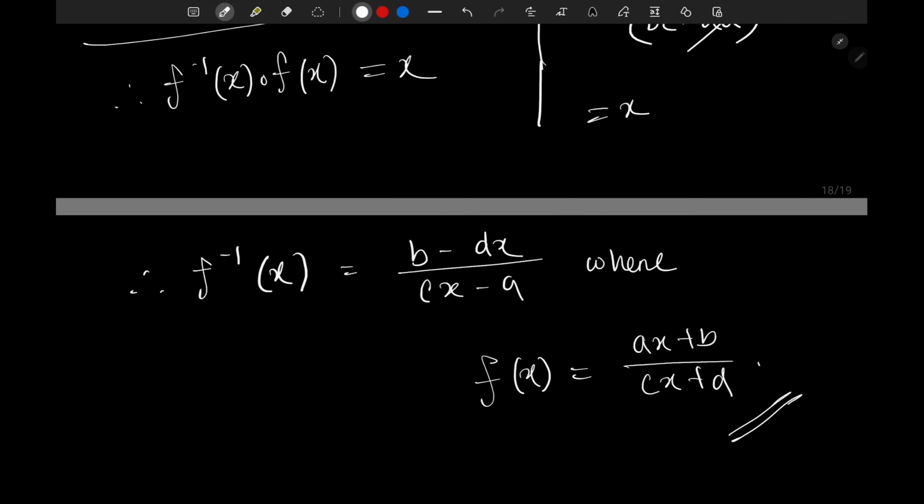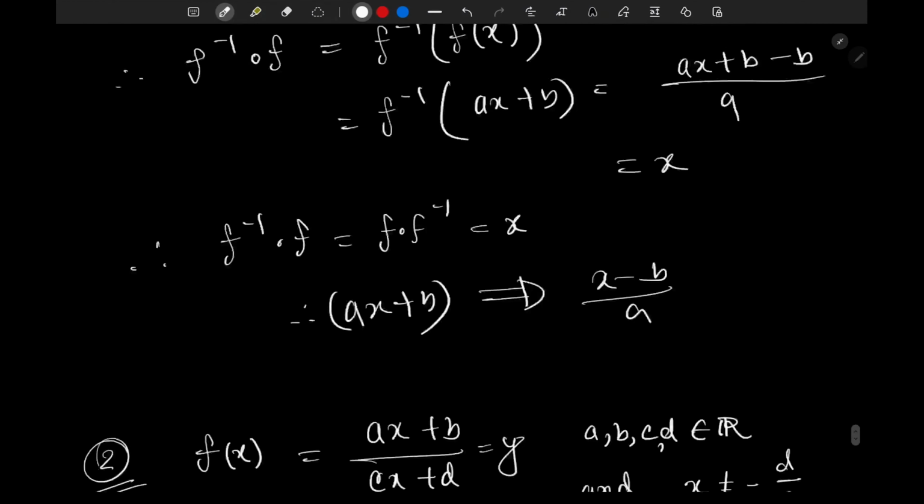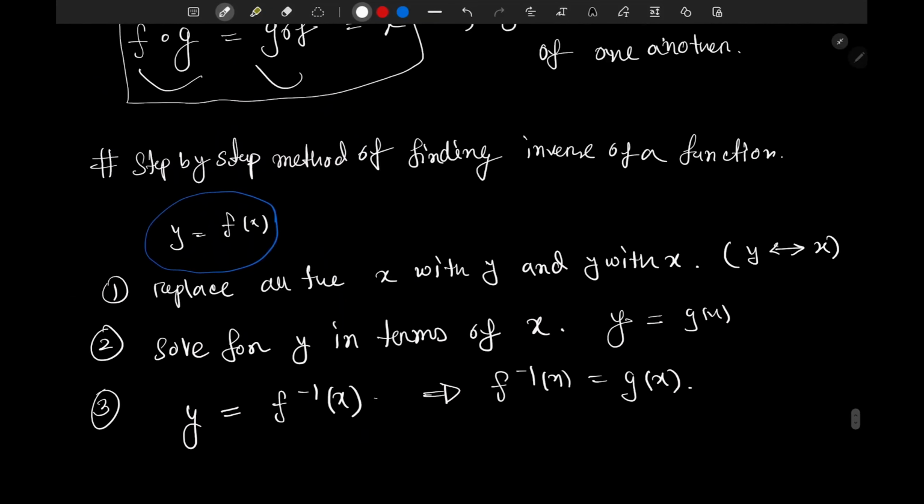And this is how you can use all the steps mentioned over here to find the inverse of any function that you want. But in practice, if they're linear or quadratic, so far what I have seen is that you can deal with them.